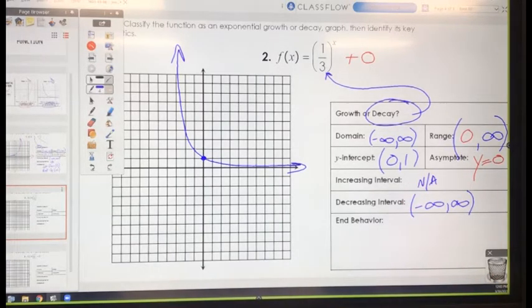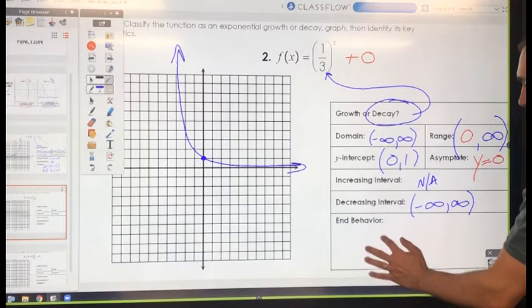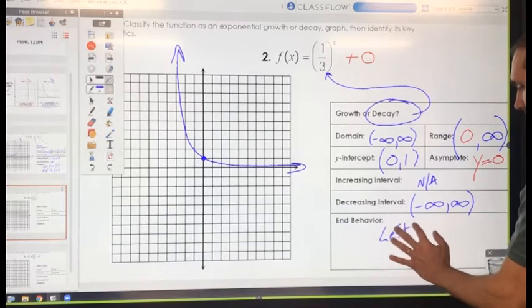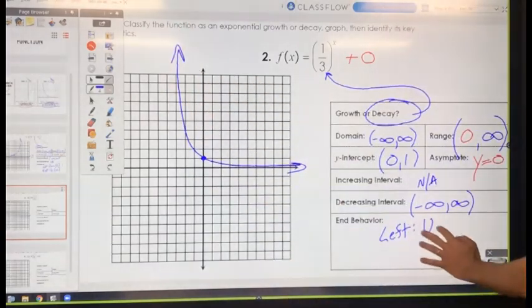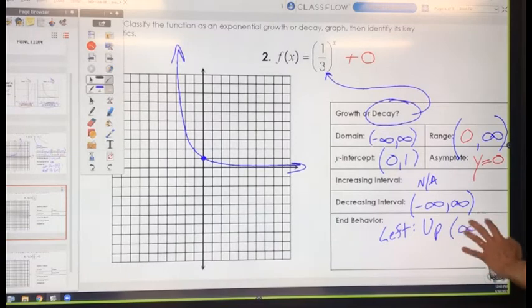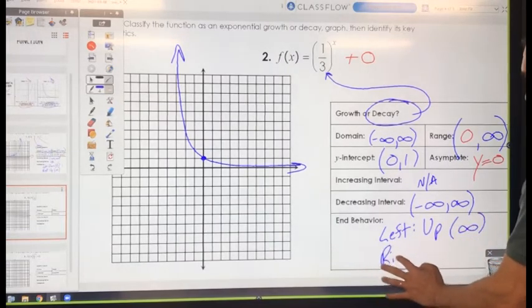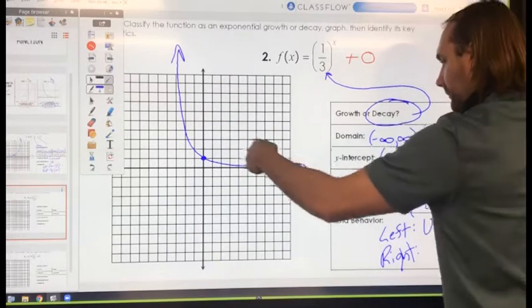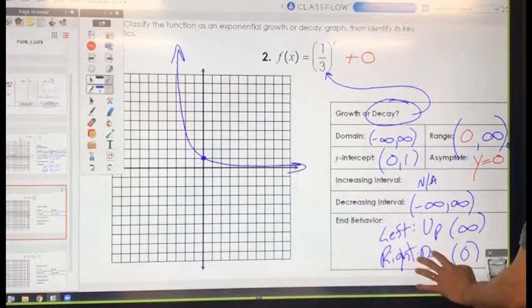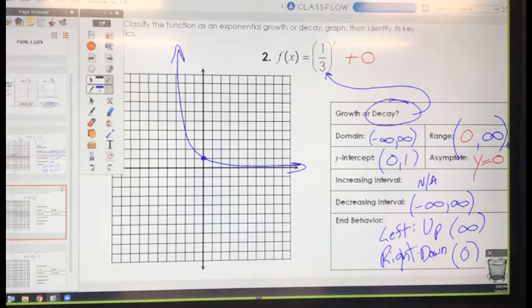Again, there's no turning points with exponentials. And then my end behavior. My left side is going where? Up towards infinity. And my right side is going where? Towards 0, which means it's going down. There we go. There's our attributes.